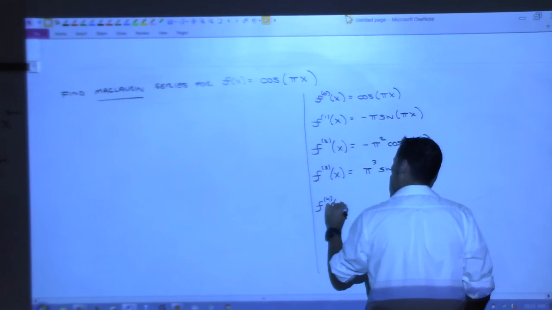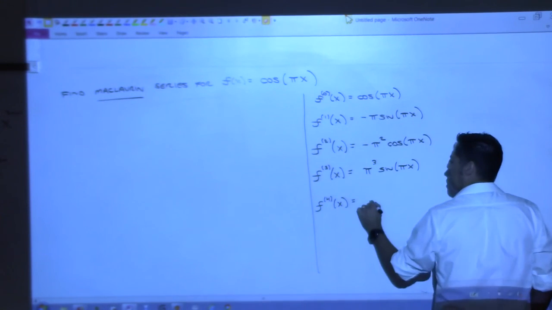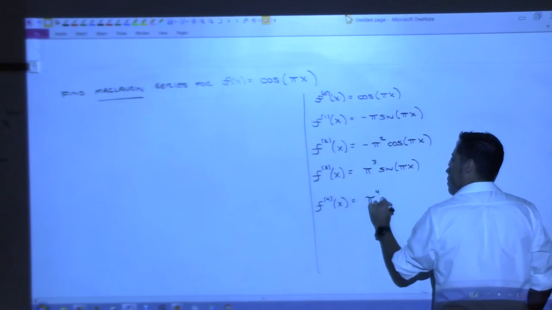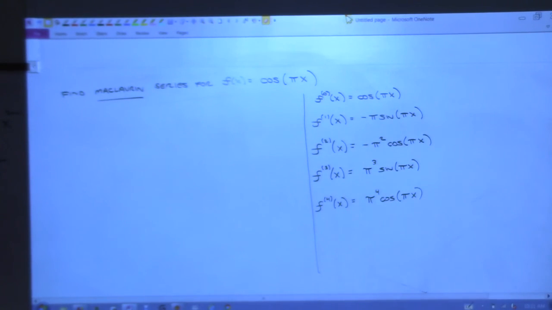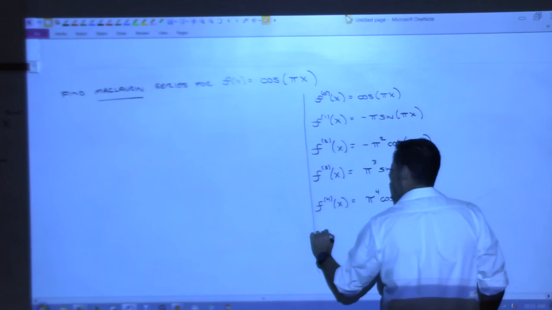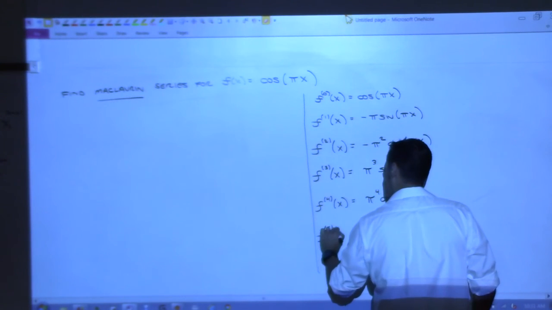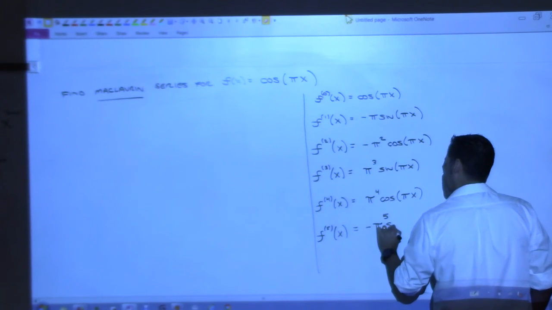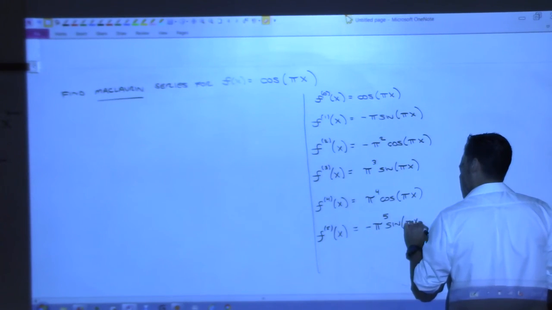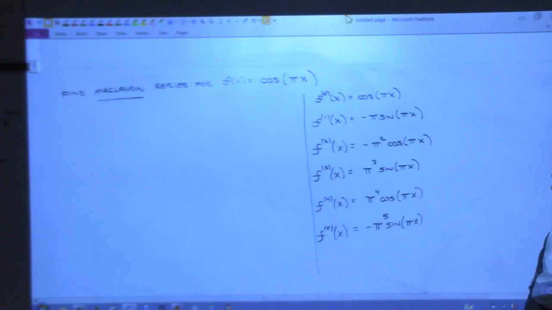Fourth derivative, pi to the fourth cosine pi x. One more. Fifth derivative, negative pi to the fifth sine pi x. Now let's figure out what happens when we plug 0 into all of these.